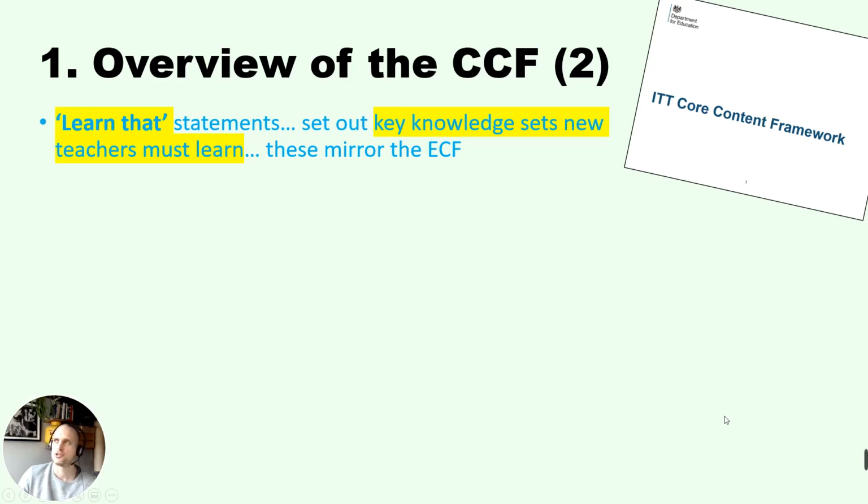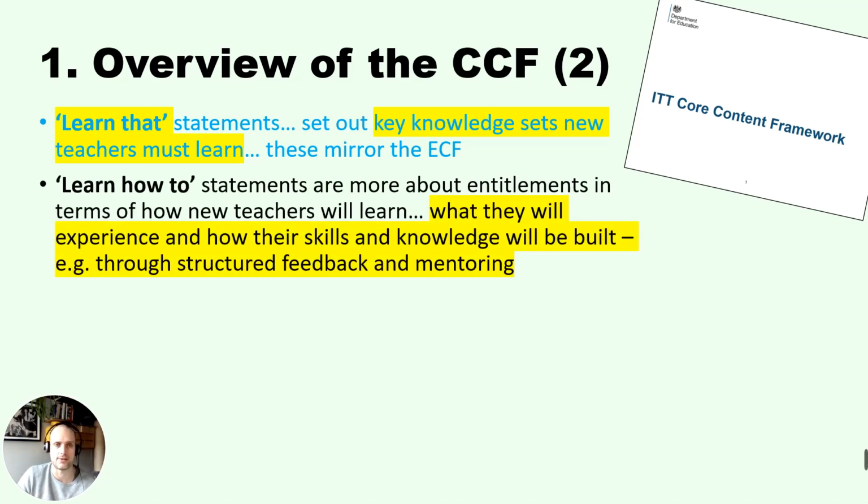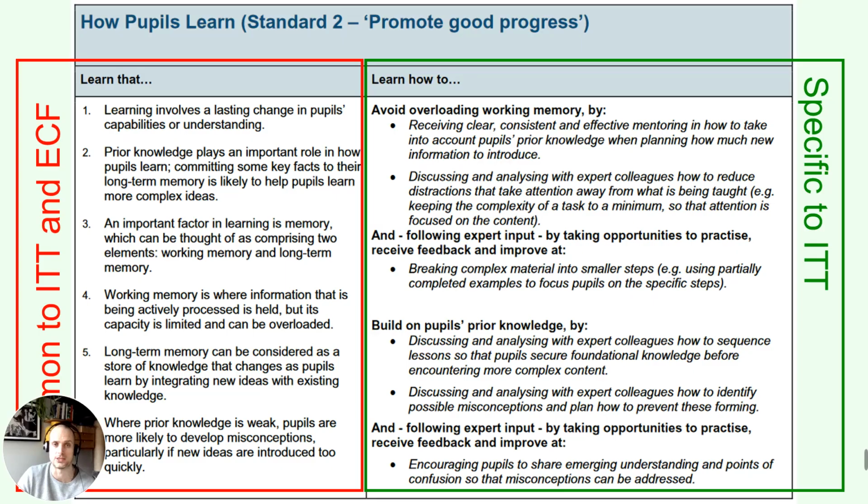Let's move on. Structure-wise, it's divided into learn that statements, which is essentially the content that you need to know. And they mirror the early career framework, and then learn how to statements, which are much more about the context of how you will learn that, and then what skills and knowledge you will build and how that's built through feedback and mentoring, and that is specific to ITT, so initial teacher training.